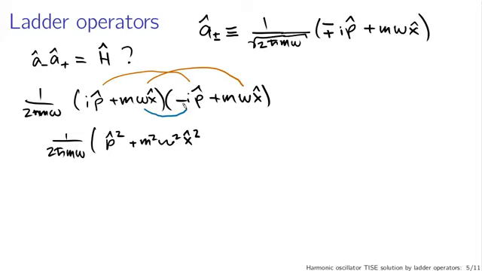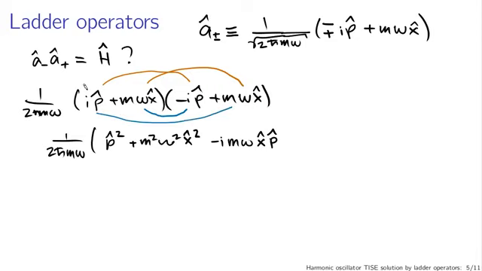We have a term like this, which gives us, let's see, we're going to end up with a minus I from this, minus I m omega, and we have x hat p hat. We're going to end up with something very similar from this term.